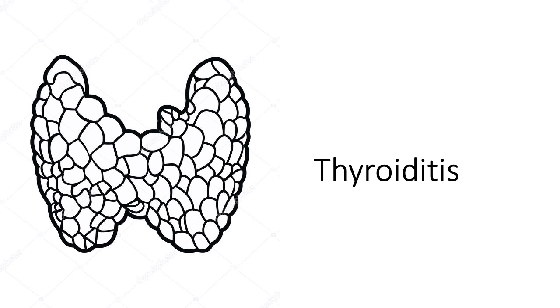Thyroiditis: in this, the inflammation of the thyroid gland causes destruction of thyroid cells, releasing stored thyroid hormones without an increase in synthesis. There are three kinds of thyroiditis: acute, subacute, and chronic.